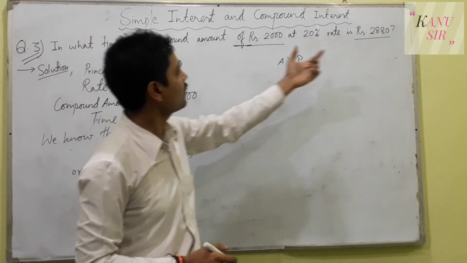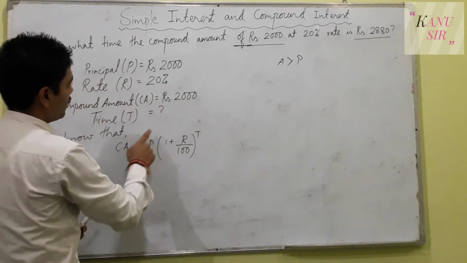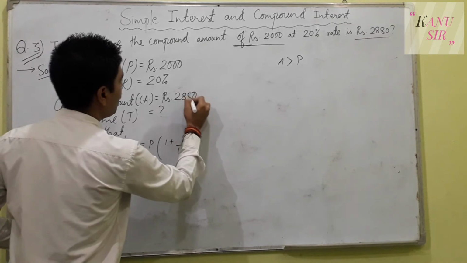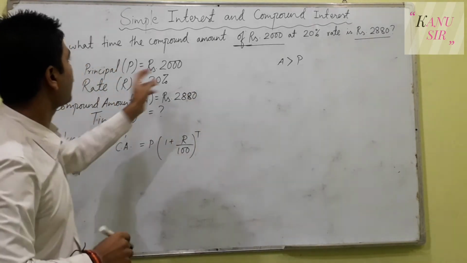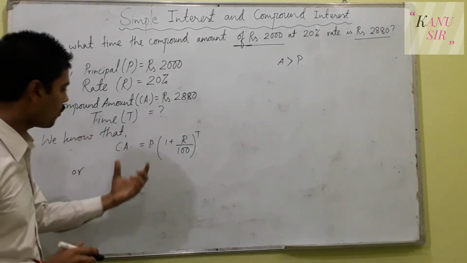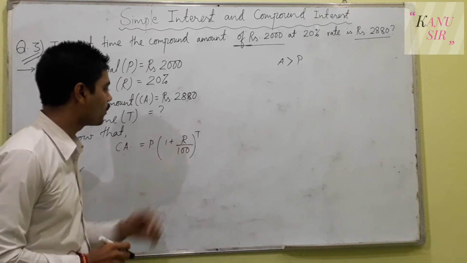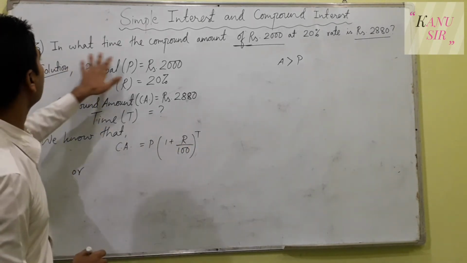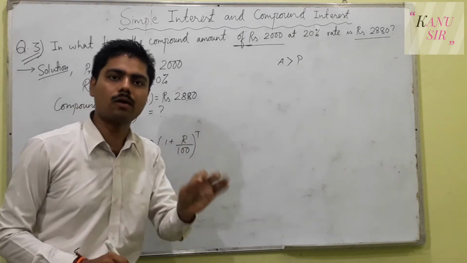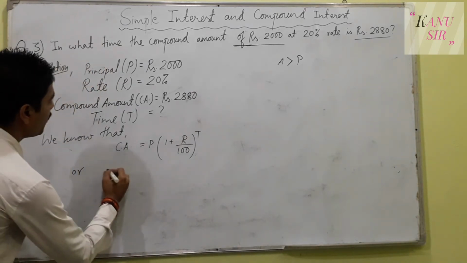That is why this one is the bigger value, and hence it is amount, 2880, and the smaller one is the principal, and we are at time.